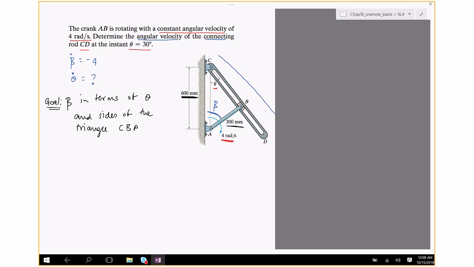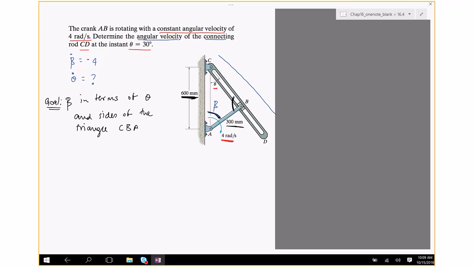So, well, I would think of laws of sines and cosines. So if I think of law of sine, okay, law of sine would be 600 divided by this angle, and it'll be CB divided by sine beta. But if I take CB, then the CB itself is an unknown, so I do not want to introduce new variables, so I wouldn't use that side.